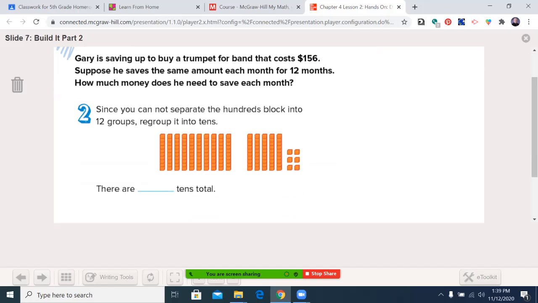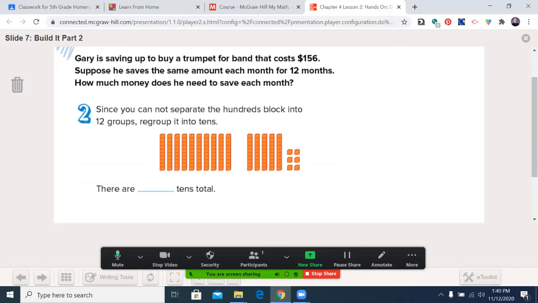Step 2, if we're going to divide by 12, we already know we can't divide 1 by 12. We know that we'll have to regroup it, and that's what they did here. They took the one group of 100 and turned it into 10 groups of 10.